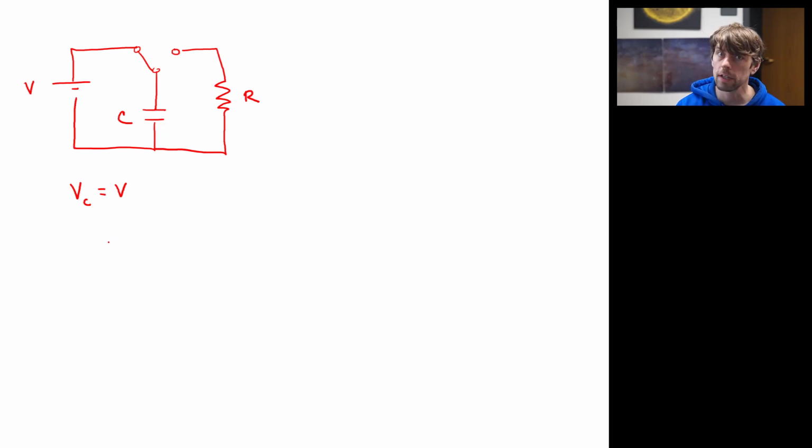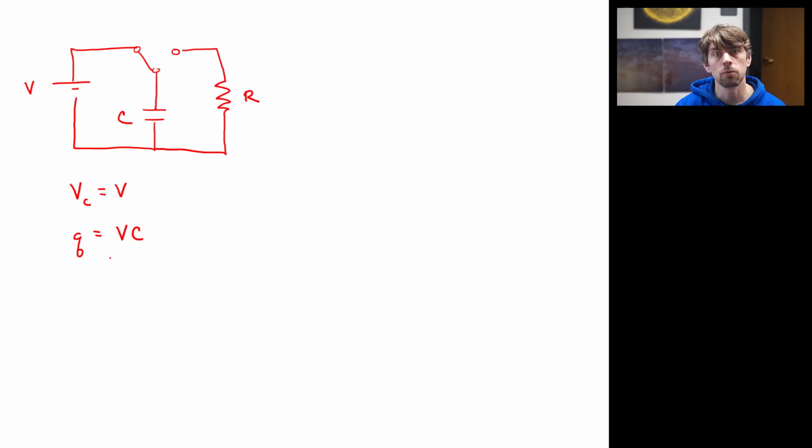How this is helpful is that it gives us a starting value for the total amount of charge stored on the capacitor. Namely, the charge should be Q equal to the potential of the battery times the capacitance. So that's the first part.